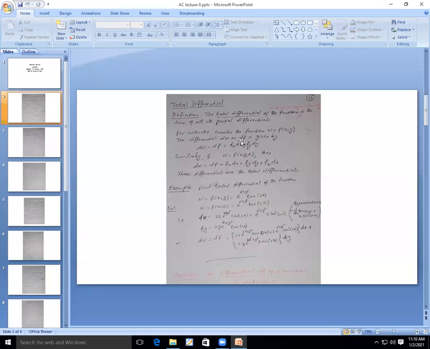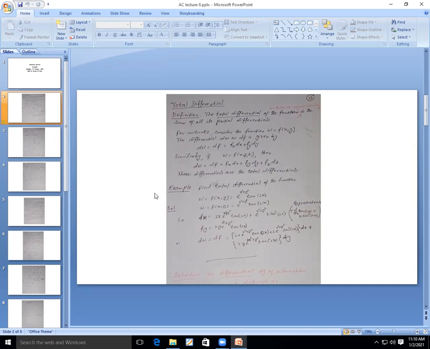But remember, write f_x dx, f_y dy, f_z dz. Then this is the differential. But here your function is of two variables or three variables or four variables, so we use this term total differential. We add all these differentials and we get the total differential of the given function.